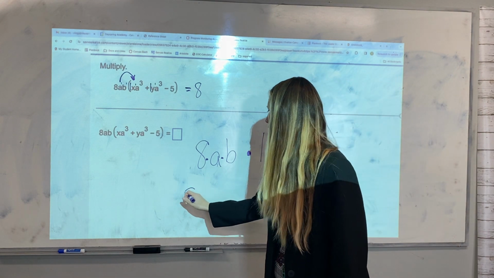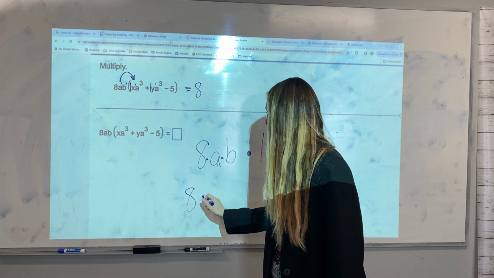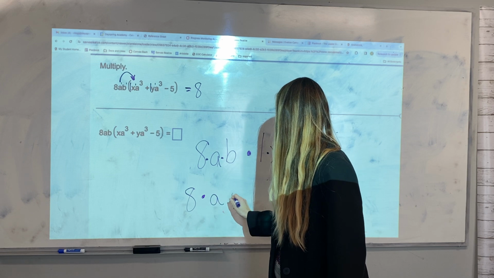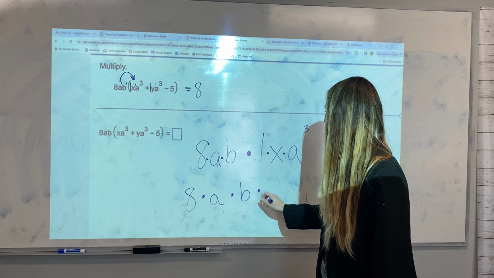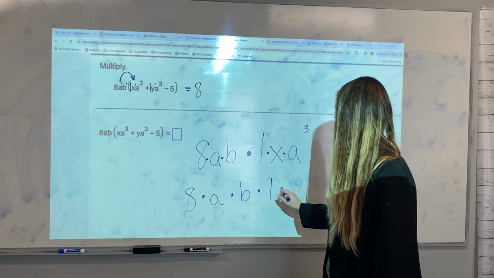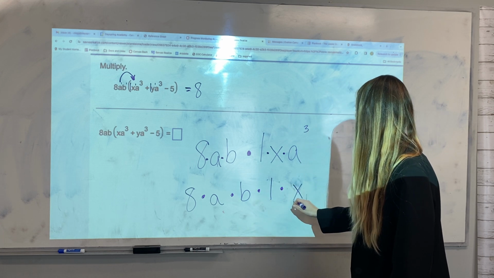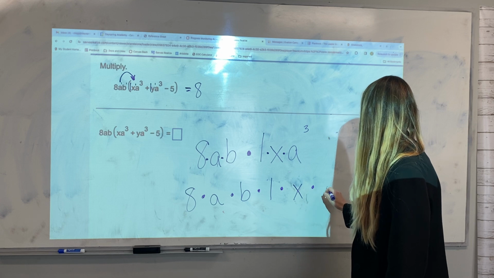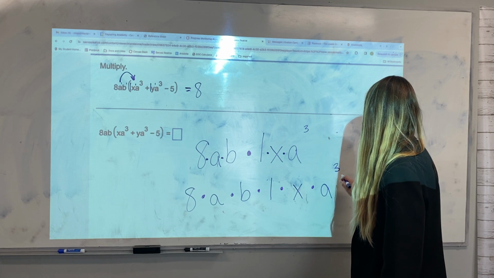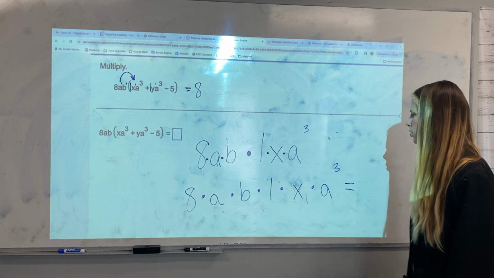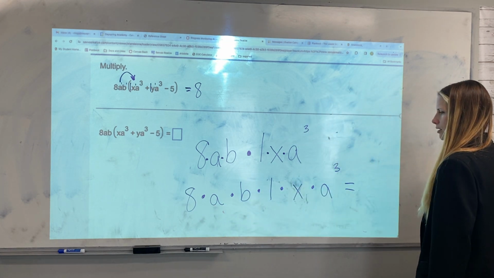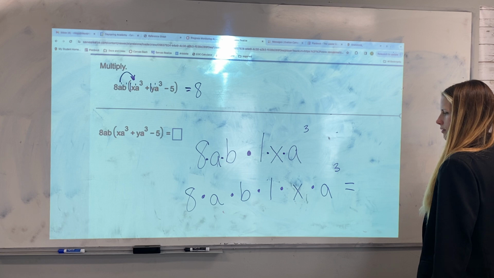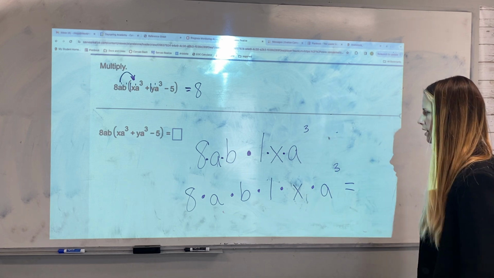I'm going to write 8 times a times b times 1 times x times a cubed. Do you agree that all of these are being multiplied together so we can multiply them together?